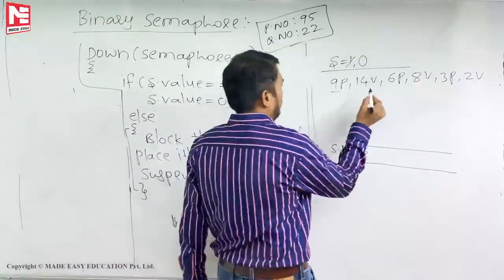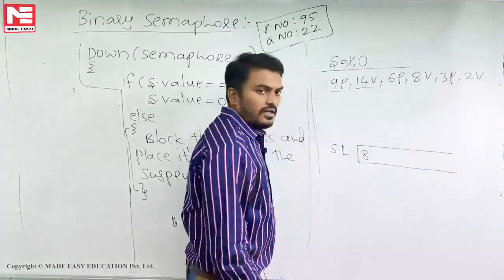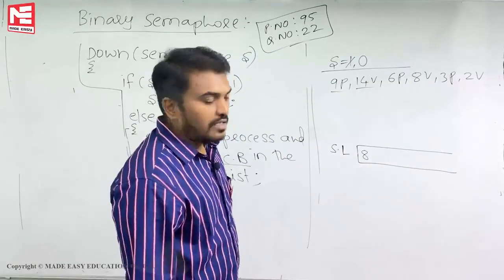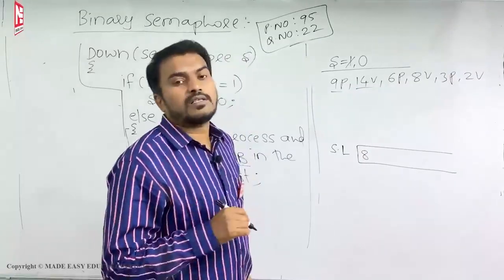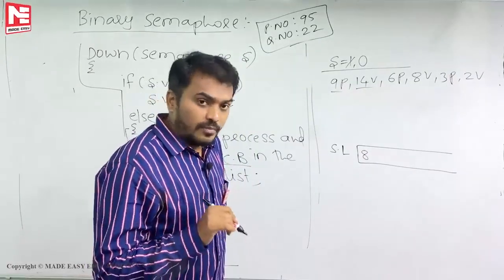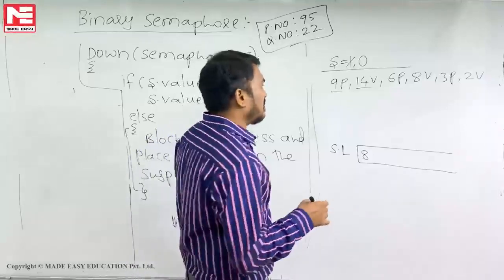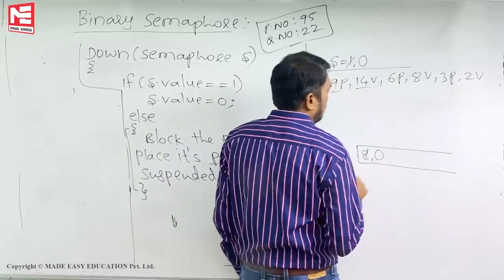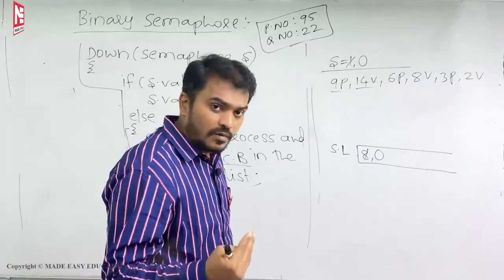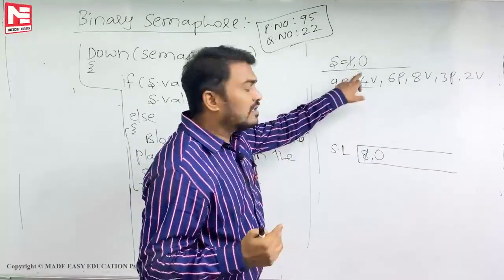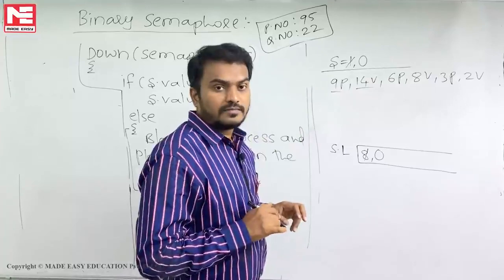Next, this is completed. Next, 14 up operations are performed. In the 14 up operations, the first 8 up operations make the suspended list empty, but the semaphore value still remains 0 only.